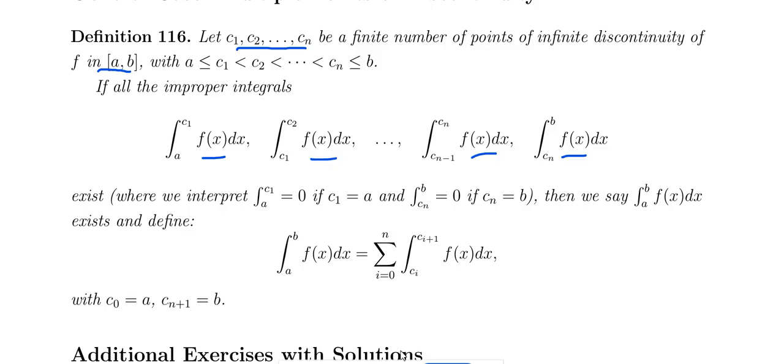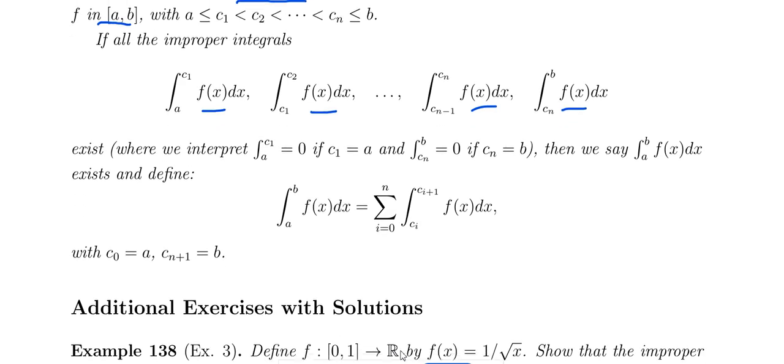So இந்த எல்லா improper integralsம் exist ஆச்சுன்னா, then only the given integral A to B f of x dx exists. அப்போ அந்த integral இது எல்லாத்தினுடைய சம்மா நாம எழுதலாம். That is the idea. Okay, புரியும்னு நம்புறேன்.